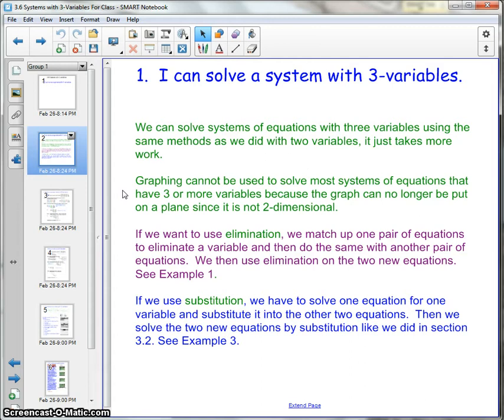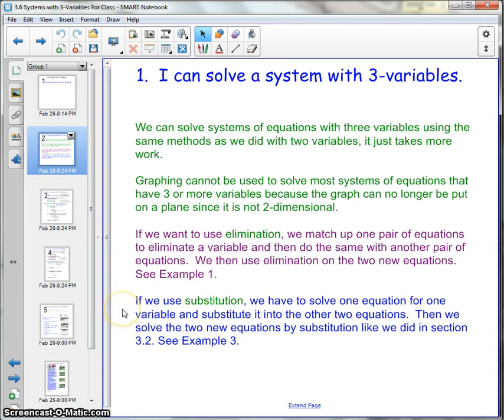If we want to use elimination, we could, but we would have to match up pairs of equations to eliminate a variable, and then do the same with another pair of equations to eliminate the same variable, and then use elimination a third time with just our two remaining equations. I'm going to show you an example of that, but it is a very long process. We can also use substitution.